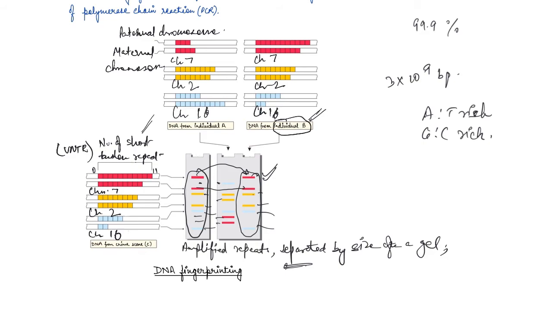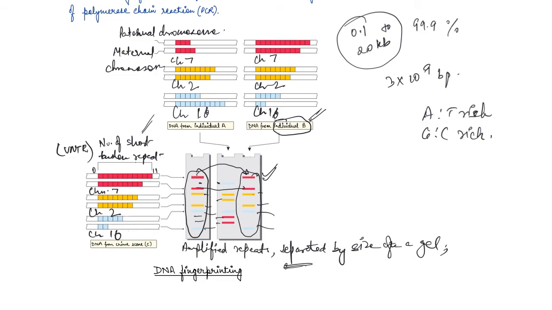The copy number varies from chromosome to chromosome in the individual. So you have chromosomes 7, 2, and 16 here, right? The number of repeats shows a very high degree of polymorphism. As a result, the size of VNTR varies from 0.1 to 20 kb, right?